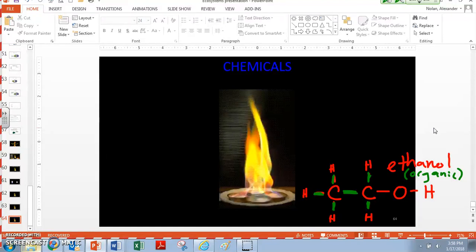So as our fire is burning and it's sucking up this ethanol, it's also sucking in oxygen, O2, which looks like this. It's pulling in oxygen. And then what we end up with is a bunch of carbons over here. So we're going to get carbons, and those are connected to 2 oxygens apiece. We're also going to get another carbon, which is connected to another 2 oxygens apiece.